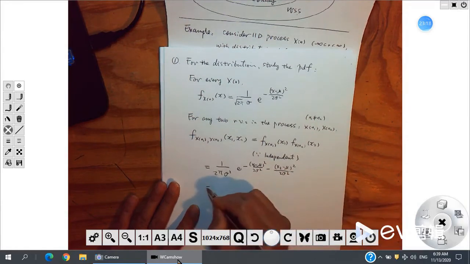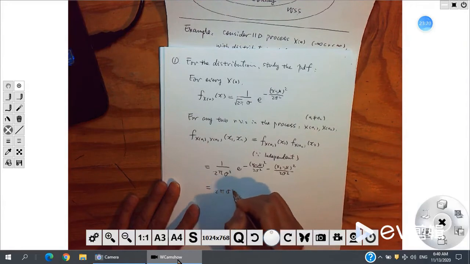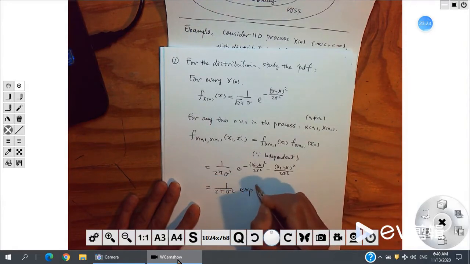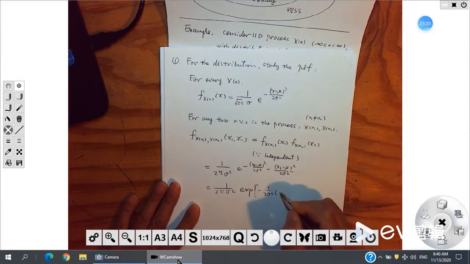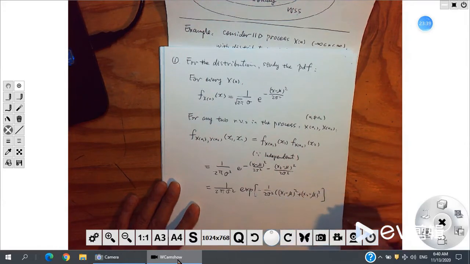So it is 1 over 2 pi sigma squared times e to the exponential power negative 1 over 2 sigma squared, then inside is x1 minus mu squared plus x2 minus mu squared.